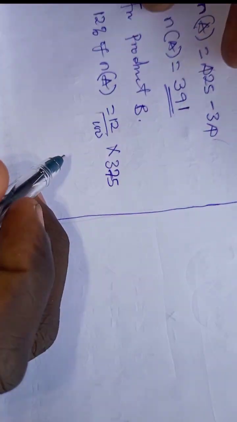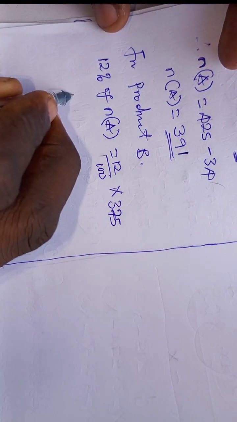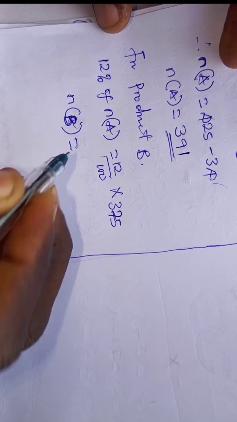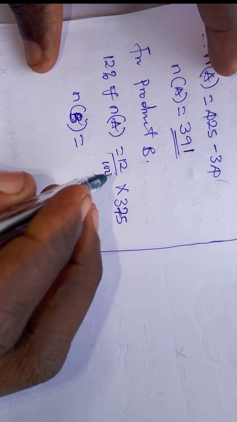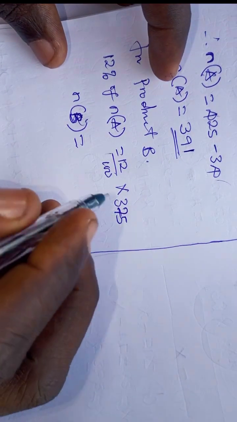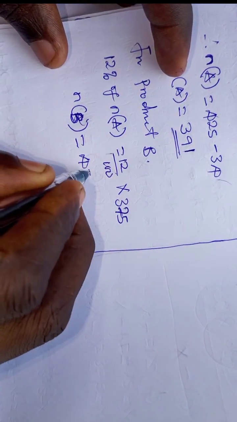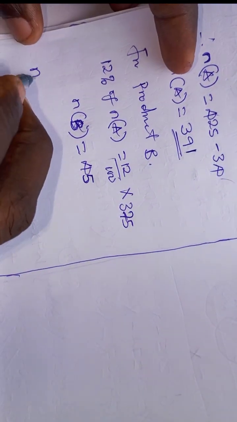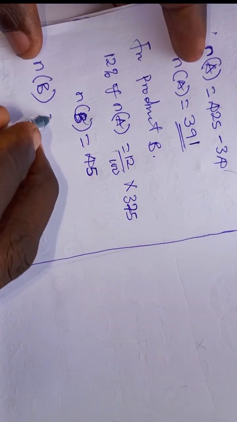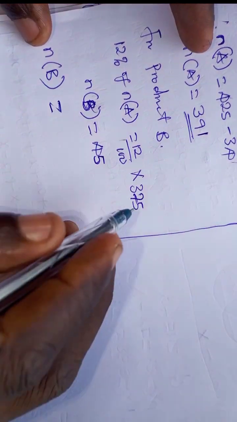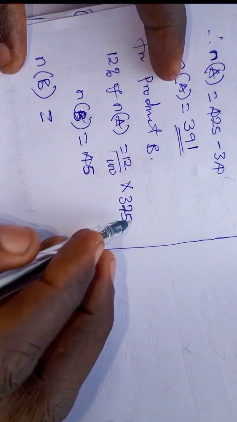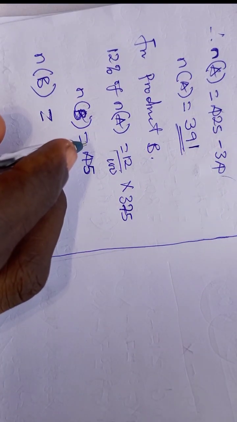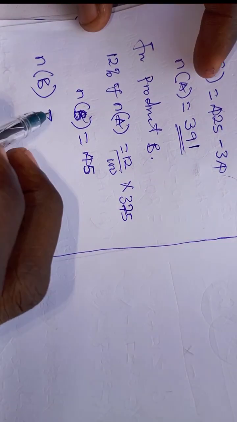If we run a calculation on this, the number of customers that like product B will be 45 after they've been reduced by 12%. Now let's get the total number of customers remaining. So we do the same thing: 375 minus 45, to get the actual number of customers remaining after it has been reduced by 12%.